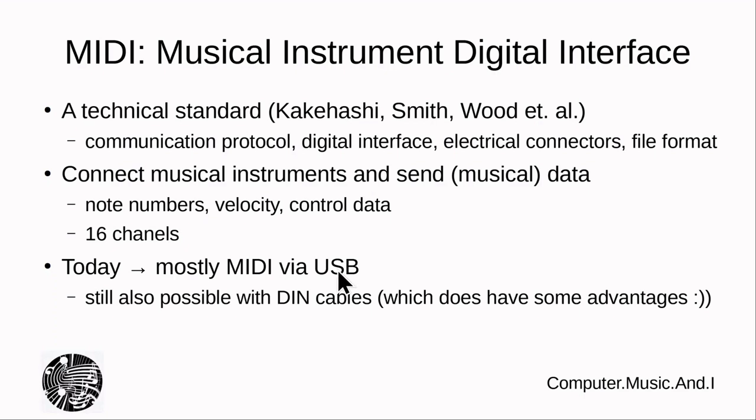So MIDI allows us to connect musical instruments, and musical data is going to be sent. This is digital data, and it's not audio data. What is sent is note numbers, velocity, or control data, amongst others. There's more that can be sent, but usually note number, velocity, and control data are the most important. The note numbers are defined according to the position of the key on a keyboard.